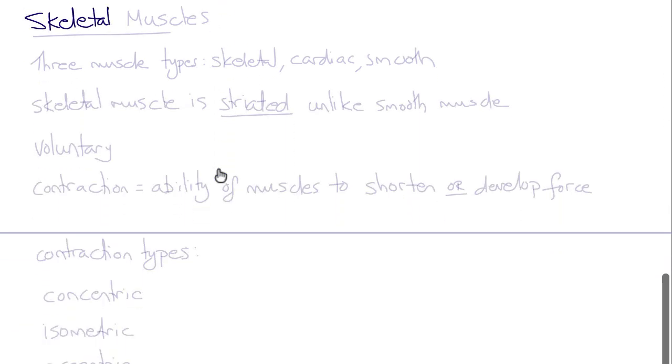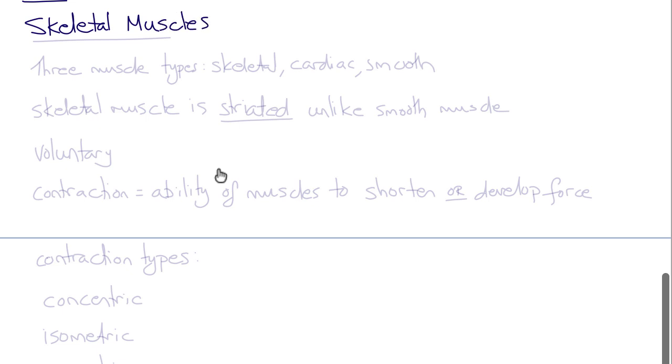Another important part of joint systems and joint mechanics are the skeletal muscles that generate the forces required to create moments about the joints. There are three types of muscle: skeletal, cardiac, and smooth.